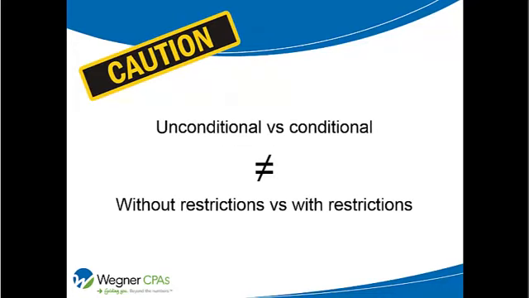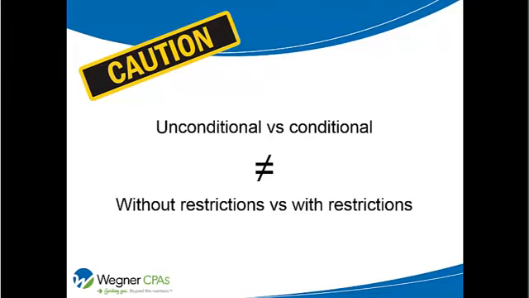So my biggest caution, where I'm seeing people getting confused, is that being conditional versus unconditional is not the same as without restrictions versus with restrictions. So I could give you $10,000 for cancer research and not request a right of return.